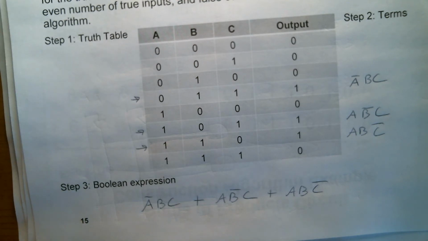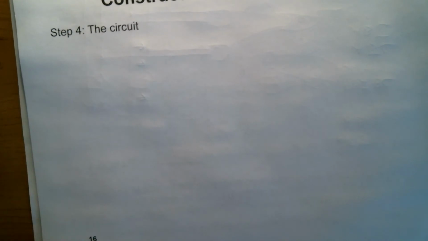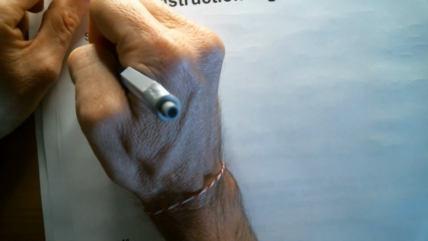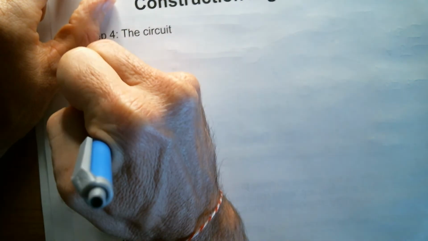So next step is going to be to take this and draw the circuit diagram. All right, so we want to keep it nice and neat. So we're going to use that great vertical line trick that your amazing teacher just showed you. So there's our A line.